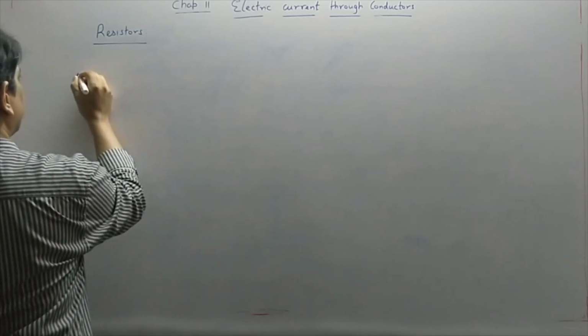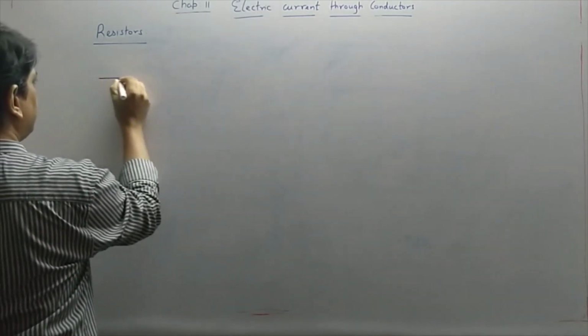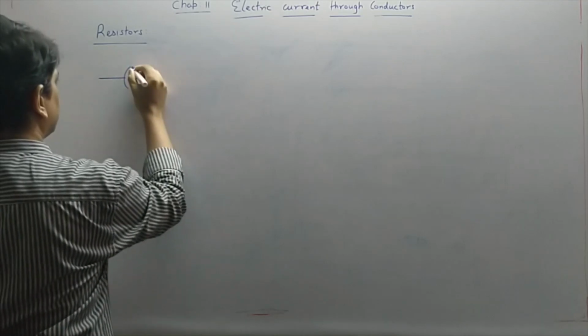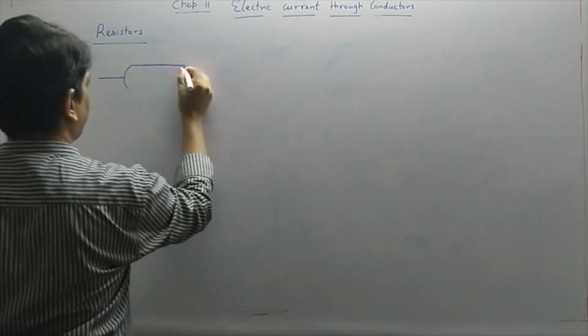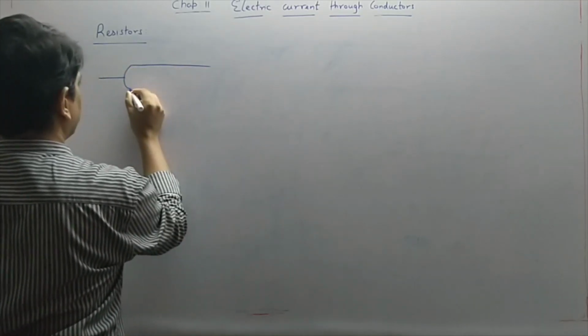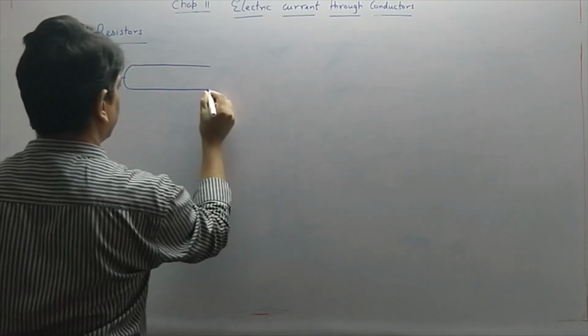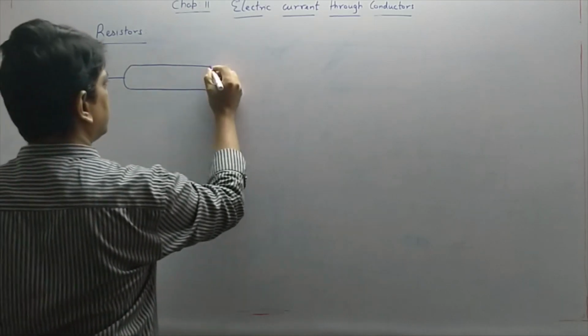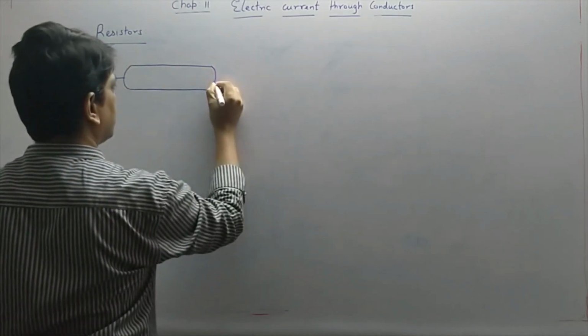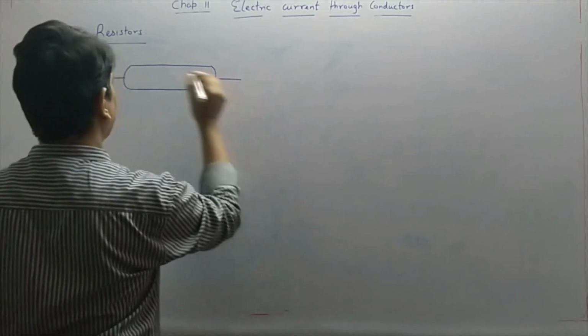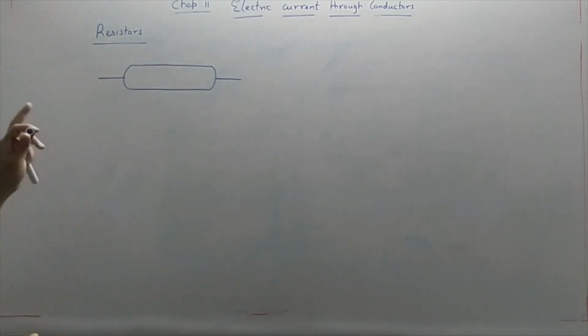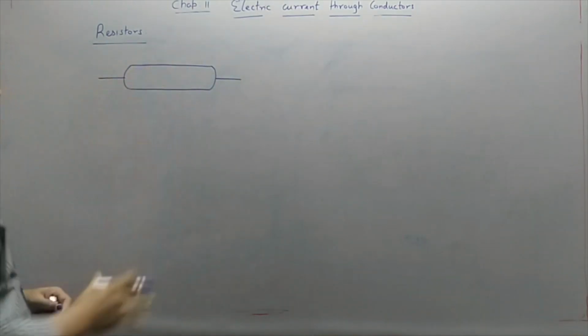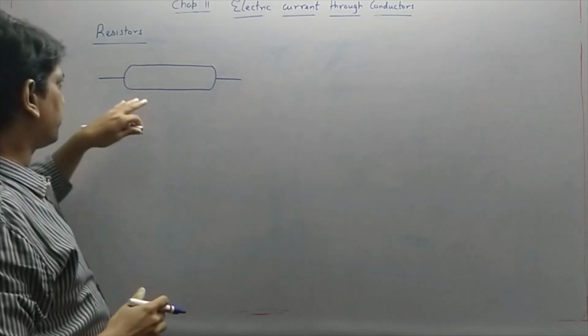You can see the diagram. It is of 1 centimeter, and here you are going to learn about carbon resistors. There are two terminals here which can be connected, and what will be the value of the resistors.